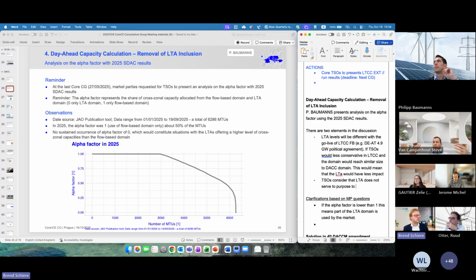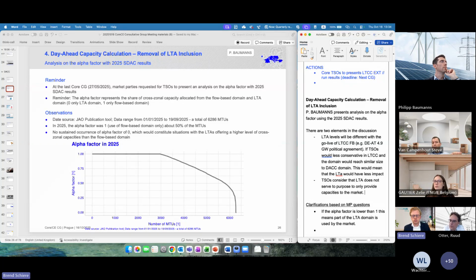The legal framework is what it is, but it's there that the needs and the ambitions are described. So fundamentally, these are the two elements for us in the debate where we discuss the impact of removal of LTA inclusion and what is the need that it is trying to fulfill. Maybe with this, I've opened a bit of floor to reactions.